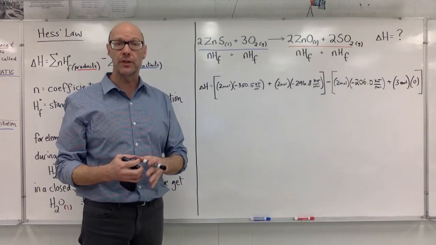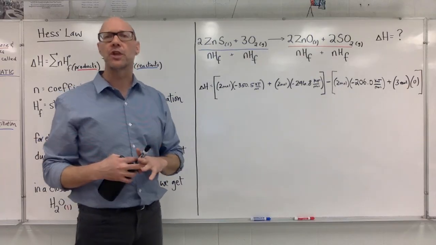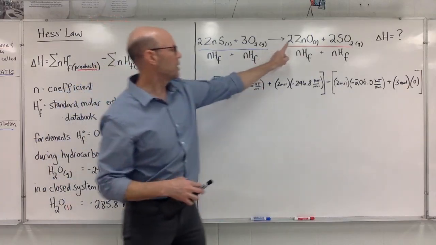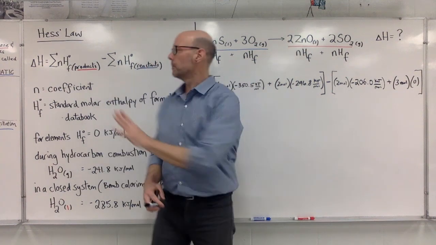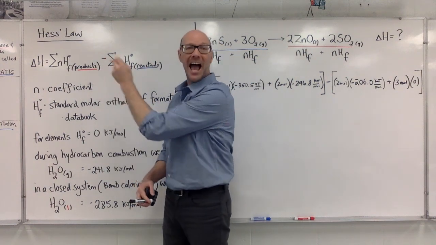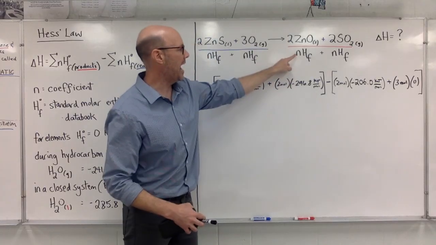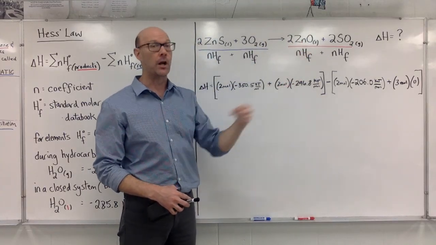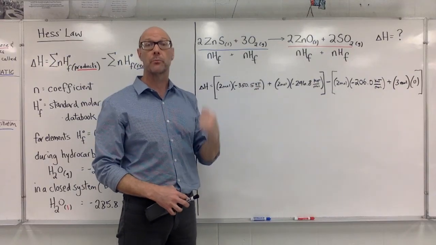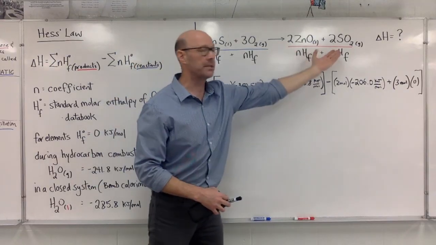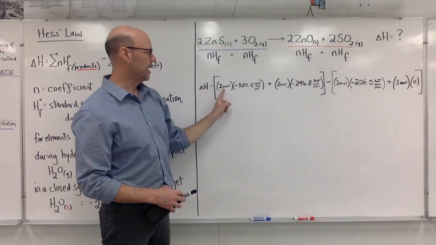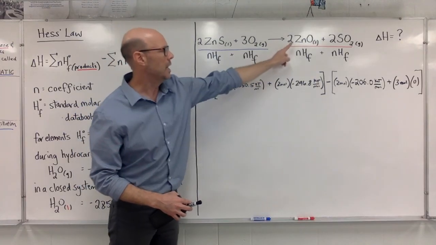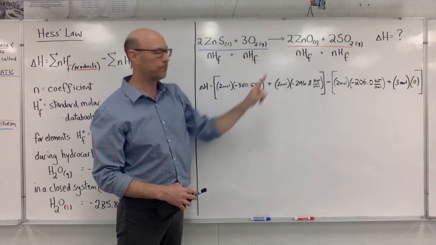Okay? Before I do that, let's just double check where the numbers came from. The products come first. I'm going to add them together. The n Hf of the products, both of them added together. Now there might be 3 chemicals, there might only be 1. This one happened to have 2. This 2 and negative 350 comes from the zinc oxide.